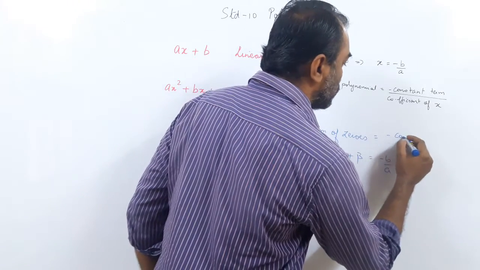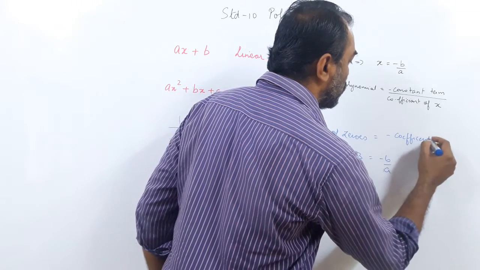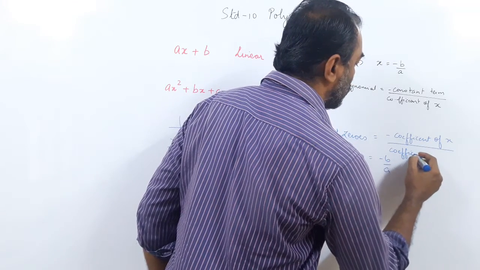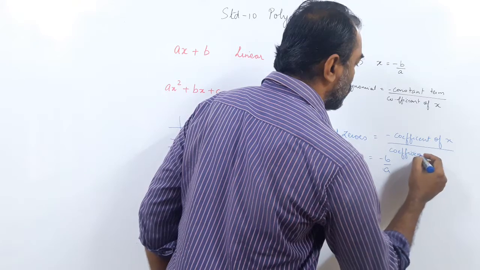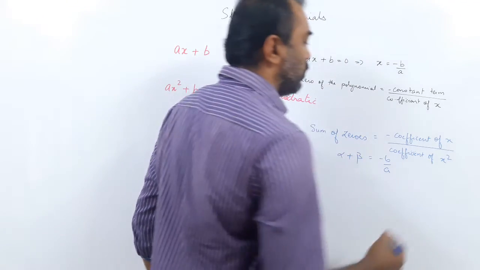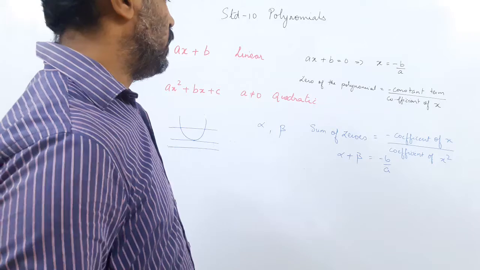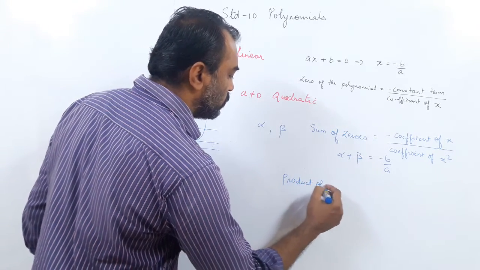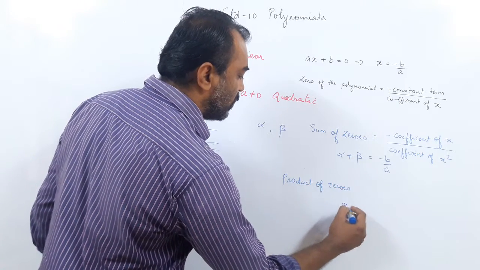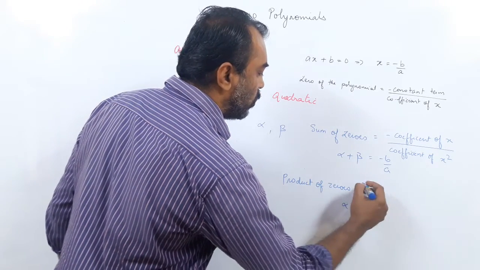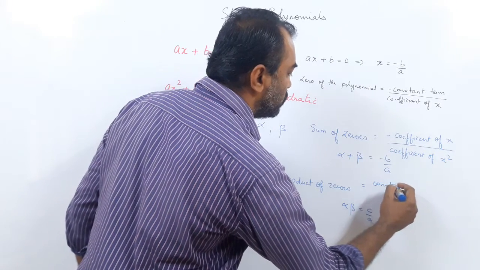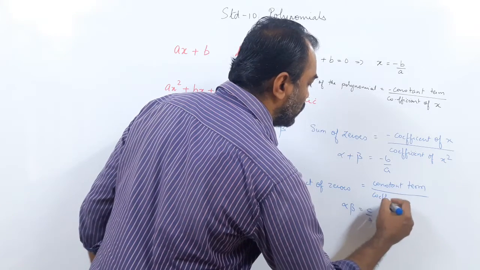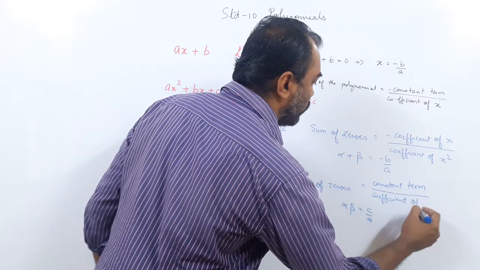So minus the coefficient of x upon coefficient of x square, and the product of the zeros, alpha into beta, equal to c upon a, or the constant term upon the coefficient of x square.